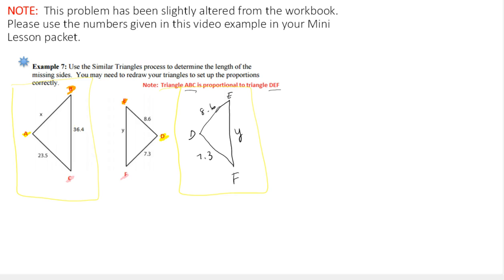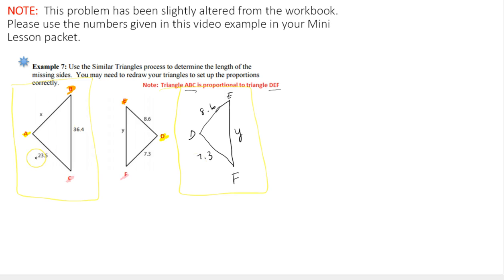Notice that in these two triangles, for these two sides, one of the values is missing, and for these corresponding sides, one of the values is missing. But for these two sides, we know both of the values. So we need to use these, or else we'd have a proportion with two unknowns.